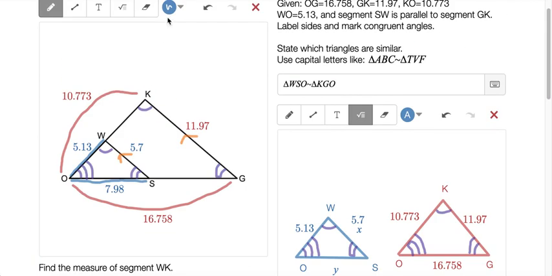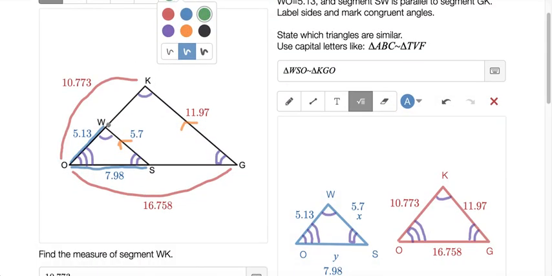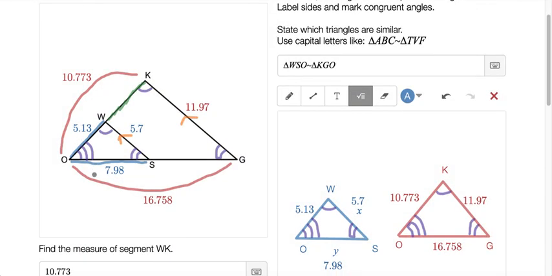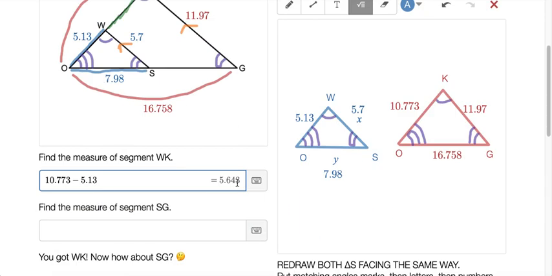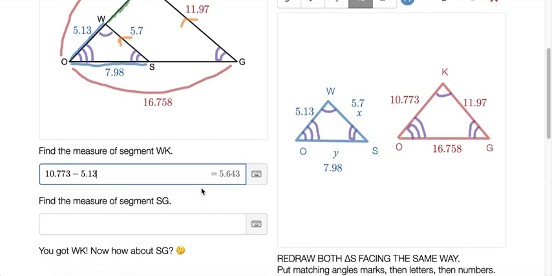If I want just this green part here, then I have to take the whole thing and remove, which means subtract, the blue. I have to subtract 5.13, and whatever's left is WK. It's 5.643.